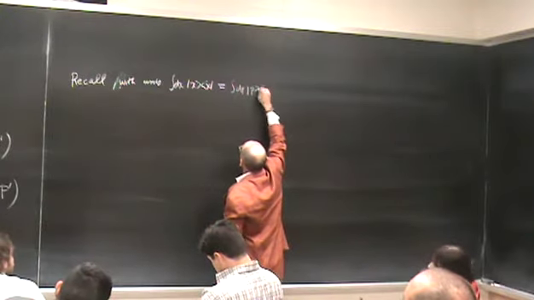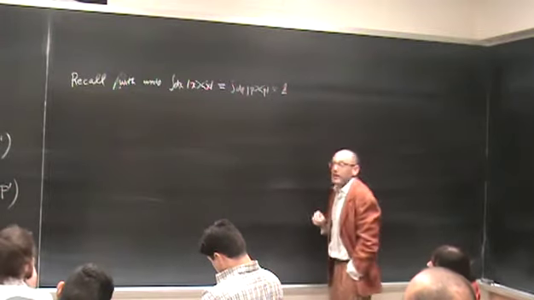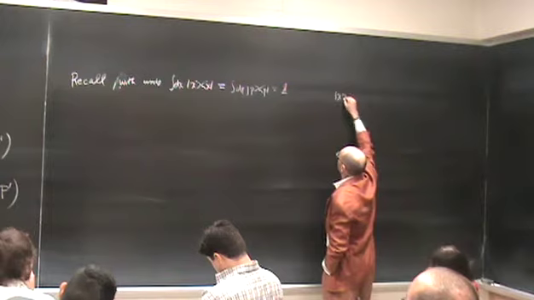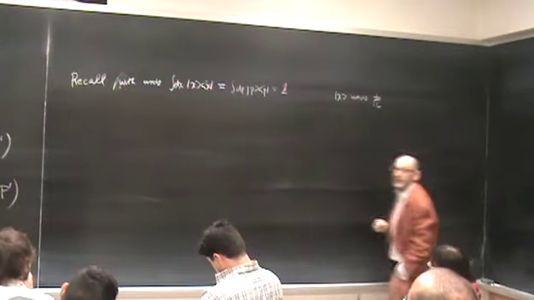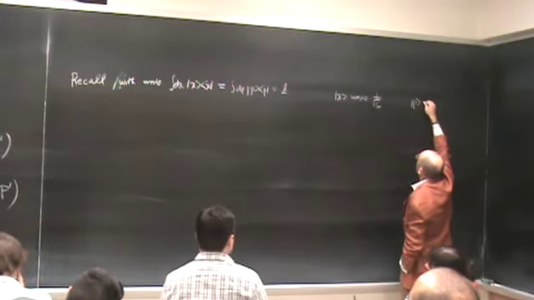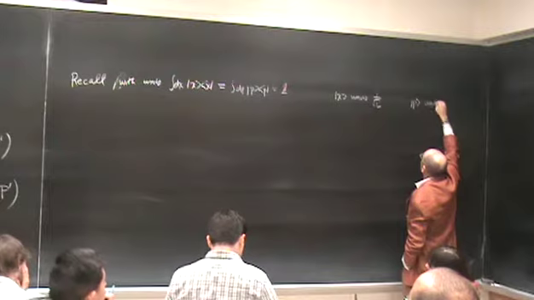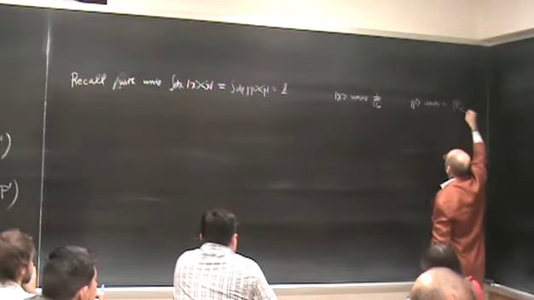These variables have units, which meant that this ket has units of 1 over the square root of length, and the P ket has units of 1 over the square root of momentum, which is the square root of h bar over L.